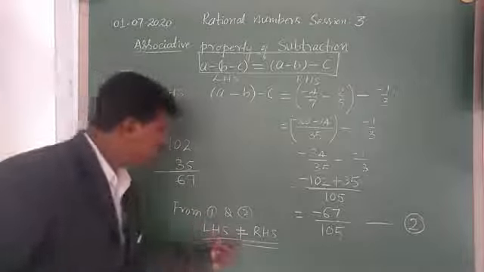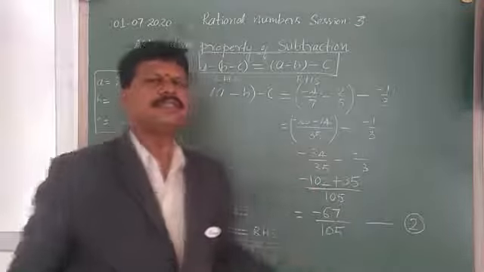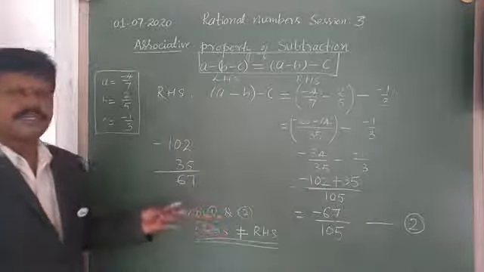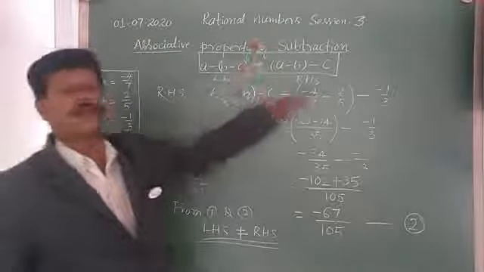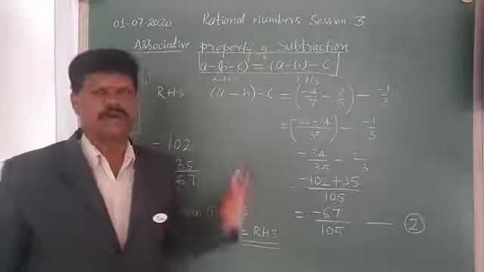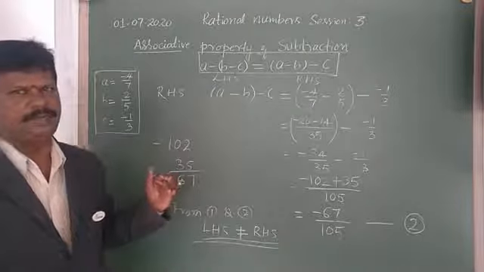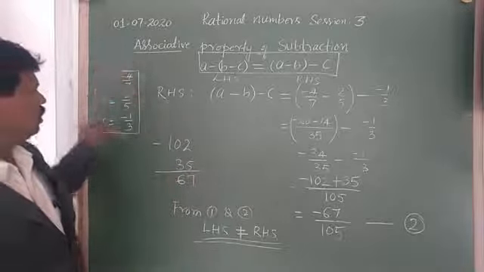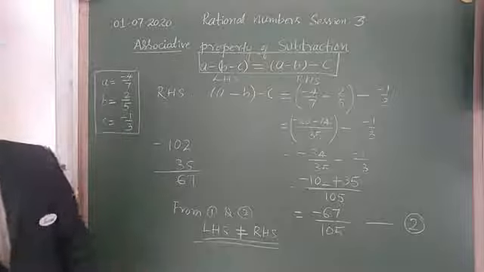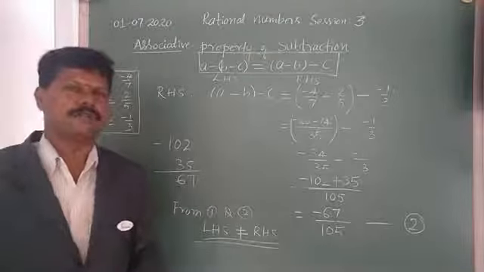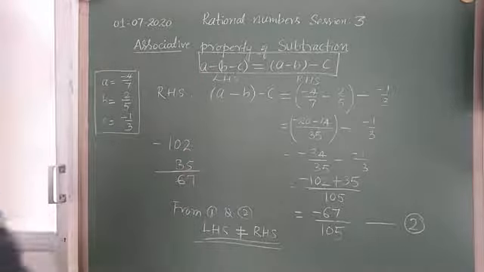So this shows that LHS not equal to RHS means the answers are different. The answer is different, which means the associative property of subtraction does not hold good for rational numbers. That is the meaning. Clear? So this is a problem with positive and negative rational numbers. I hope you all understand this. Clear? Okay.